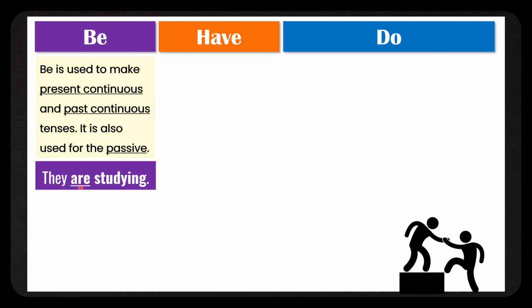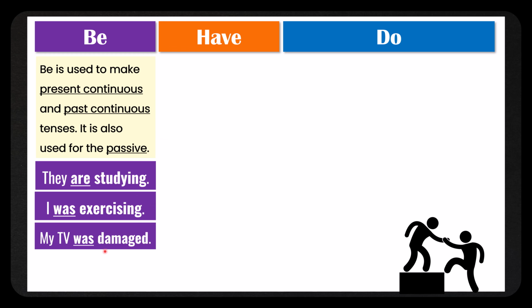And in this case, it is an auxiliary verb helping the main verb to form the present continuous tense. I was exercising. This is the past continuous tense. The main verb is exercising. Was is the past form of the verb to be, and it helps us form the past continuous tense.